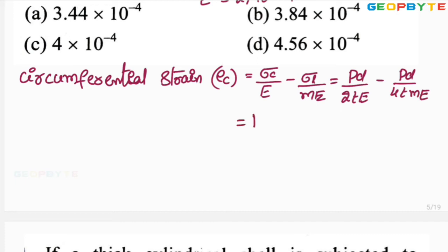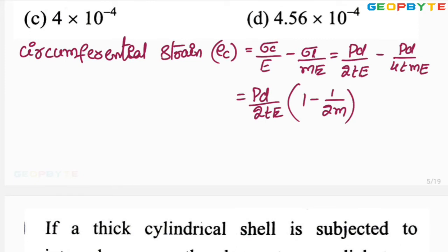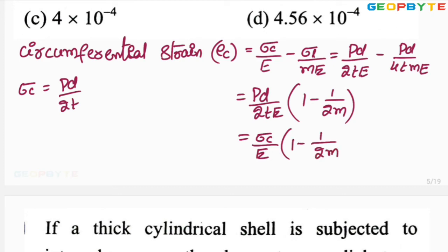It is equal to, let me write the PD by 2T outside, into 1 minus 1 by 2m. As you know, sigma C equal to PD by 2T. So in the place of PD by 2T, I can write sigma C by E. Sigma C by E into 1 minus 1 by 2m.